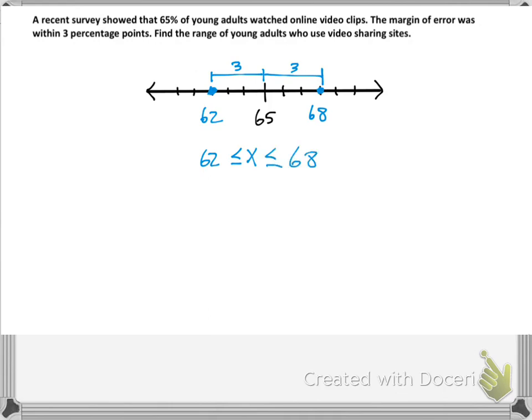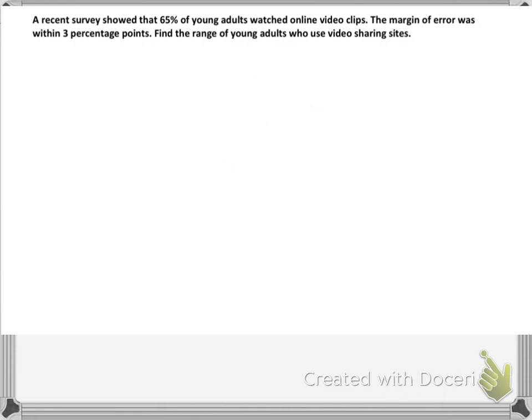Now, if I were to ask you to do this algebraically, let's wipe this clean. What you would show is the absolute value of some number and 65, which is the number of young adults, and the margin of error, we want to make sure that's less than or equal to 3 percentage points.